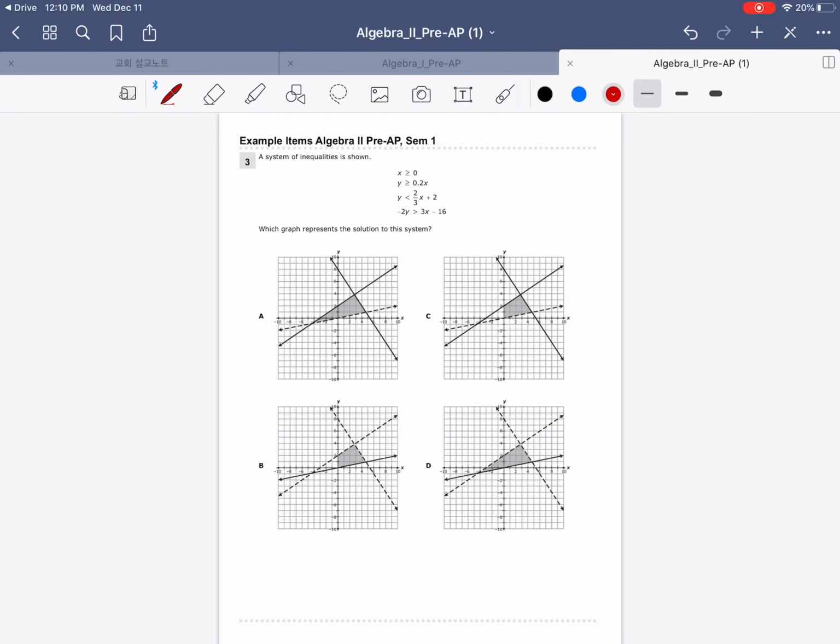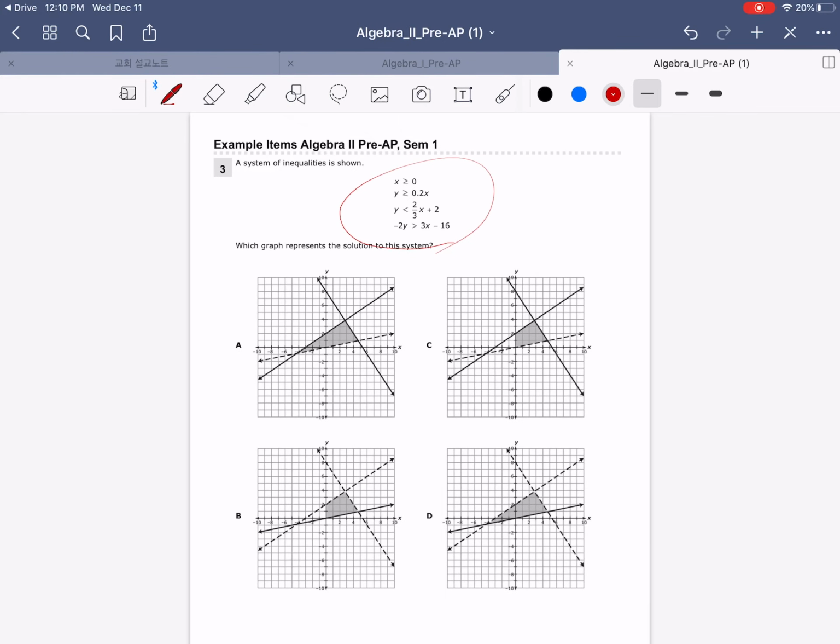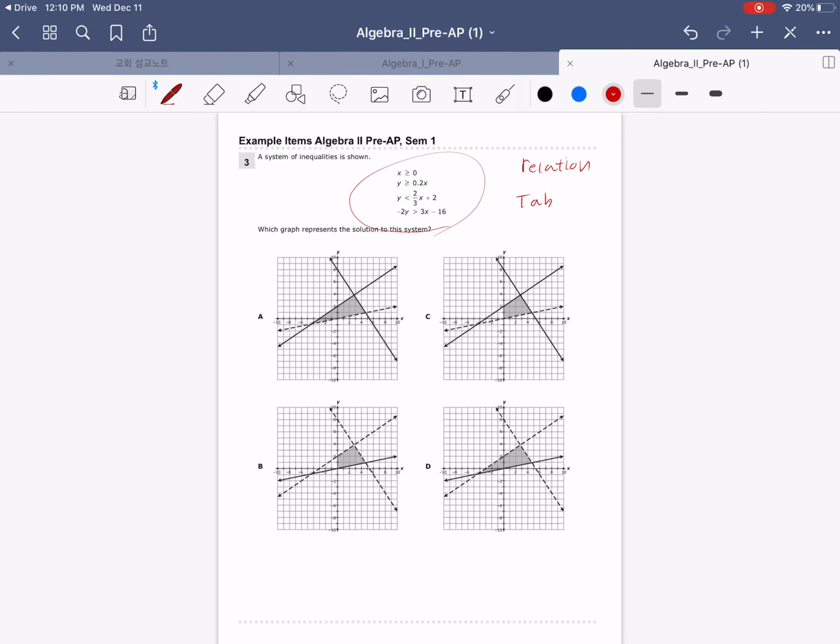So let's look at question number 3. It's the same thing. You have to graph this one on your calculator. Just don't forget to go to relation before you graph and press tab every single time you are trying to graph a new one. One thing you have to make sure of is that it is not going to be A or D, because according to this we have y is greater than or equal to 0, which means you cannot have the negative side of x like this.